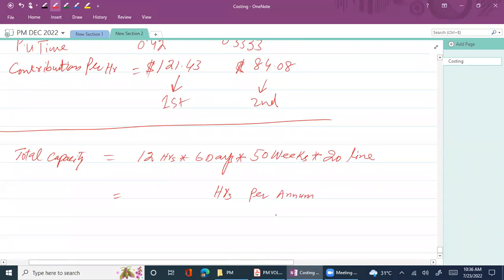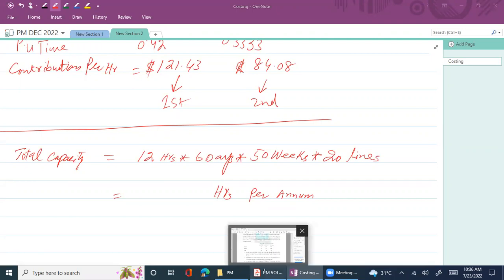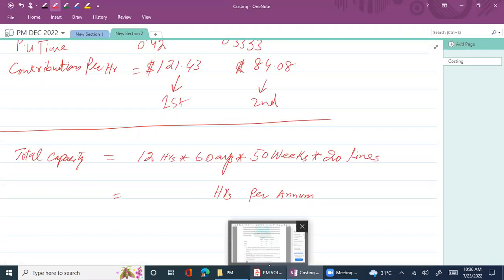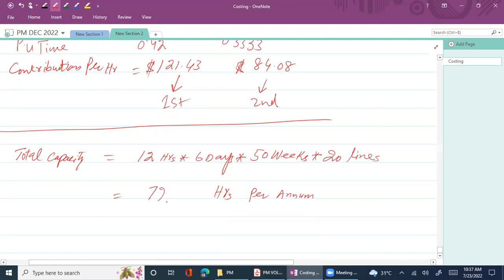Please multiply 12 into 6 into 50 into 20. So 72,000 hours is the total capacity.